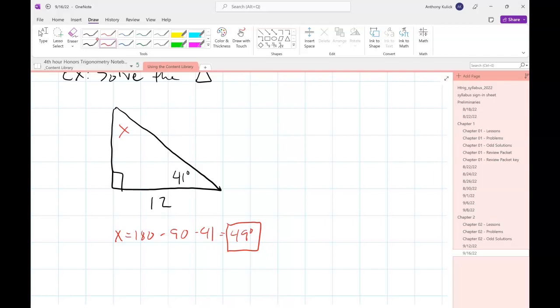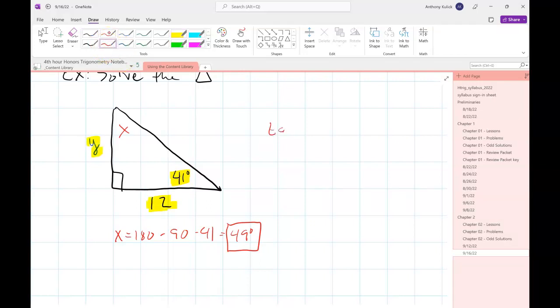All right, what do you want to do next? Leg or hypotenuse? Leg, okay. To do that, what am I going to use? Tangent, I agree. Relative to the angle in question, we know the adjacent, and we're looking for the opposite.